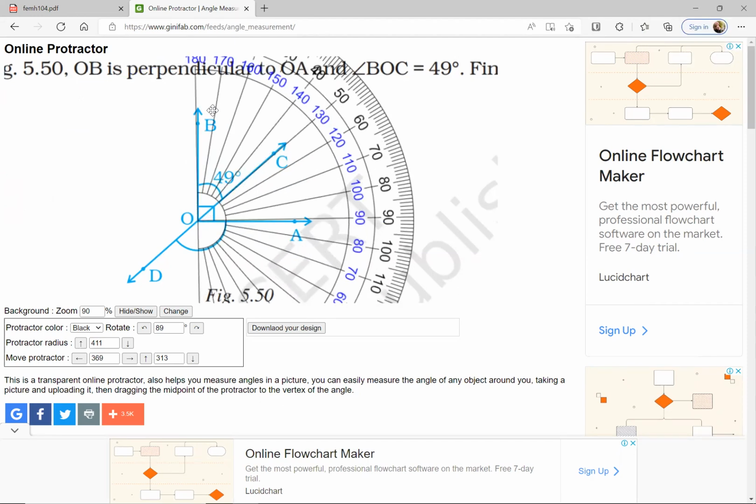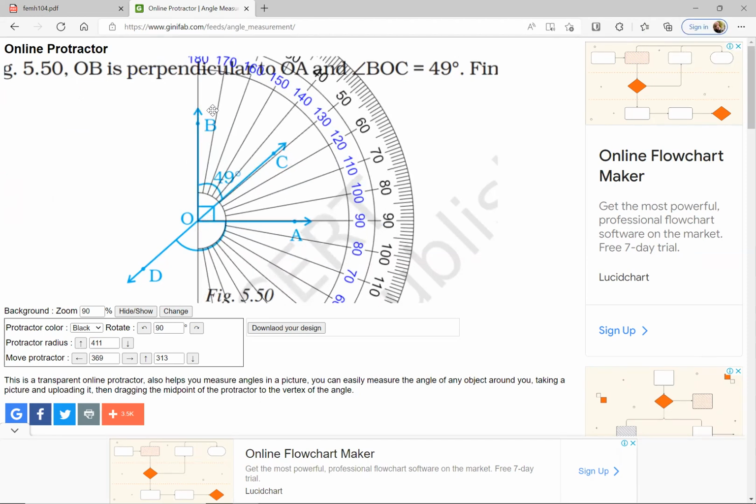Yeah. I have aligned it with OB. Now which one are we seeing? We are seeing the one between 40 and 50. We are seeing the black reading, because we can clearly see that it is an acute angle. Is it clear now? Yes.